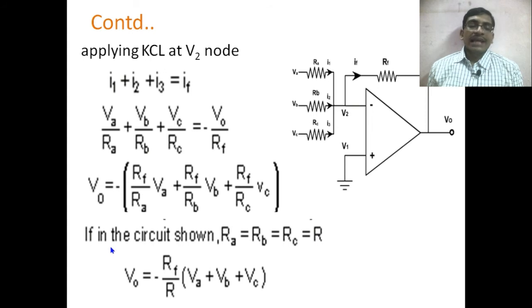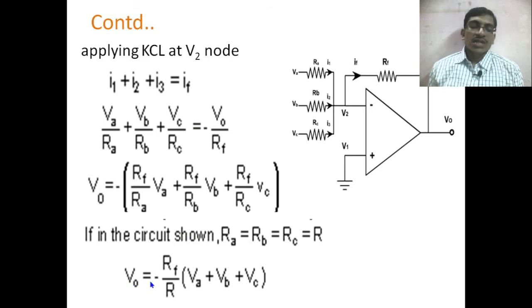If in the circuit shown above RA is equal to RB is equal to RC is equal to R, then what happens? The three denominators RA, RB, RC are the same and the numerators are also the same, RF, RF, RF. Therefore, we can take RF by R common.